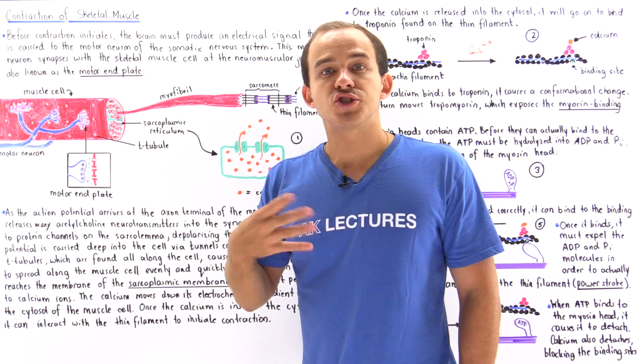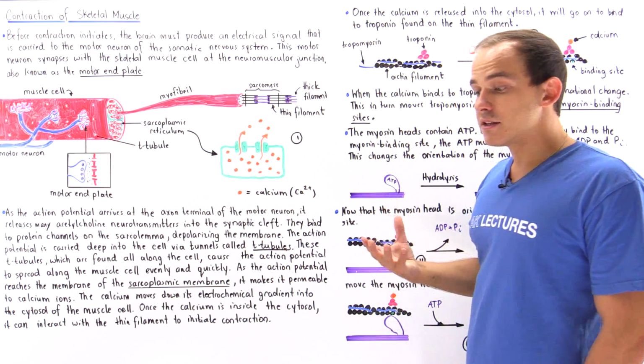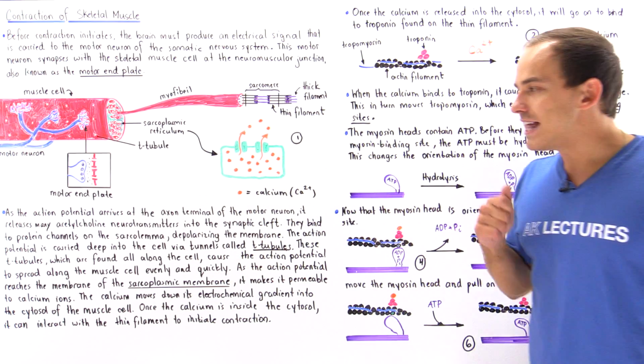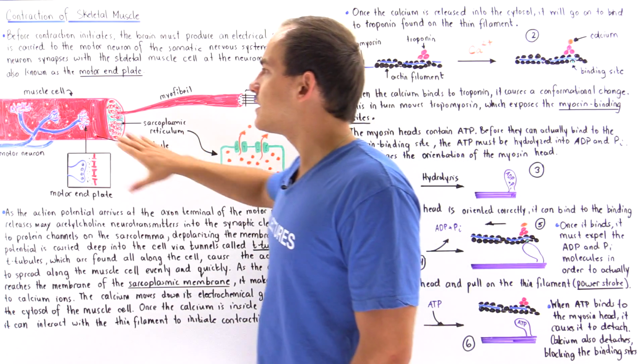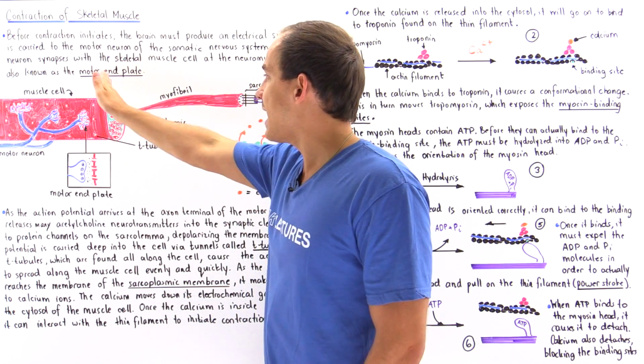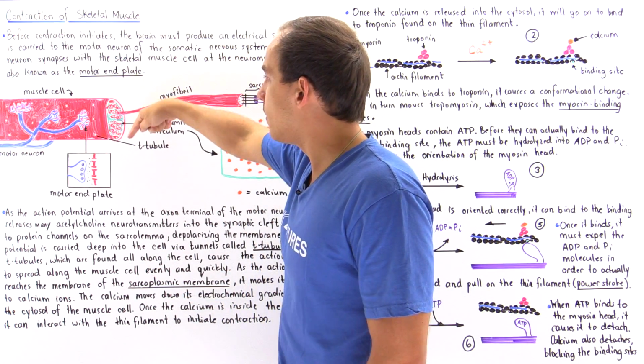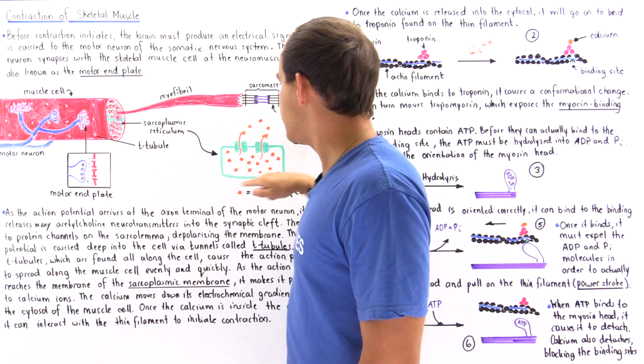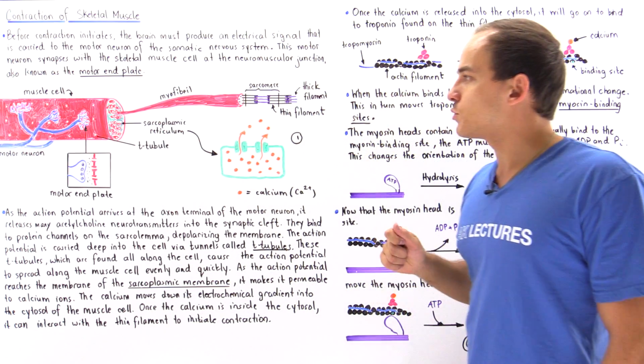Remember, the sarcoplasmic reticulum is the specialized type of endoplasmic reticulum found inside our muscle cell. If we take a cross section of our muscle cell, the green region is our sarcoplasmic reticulum.